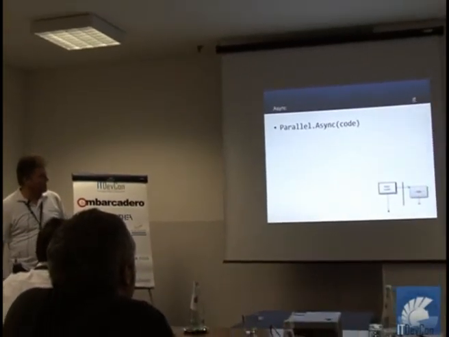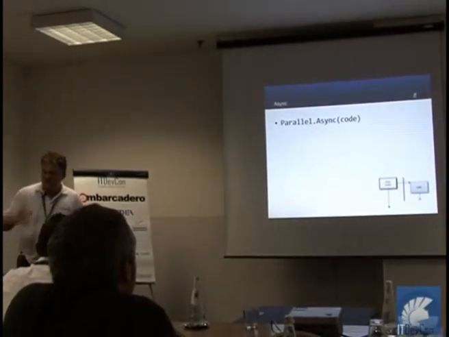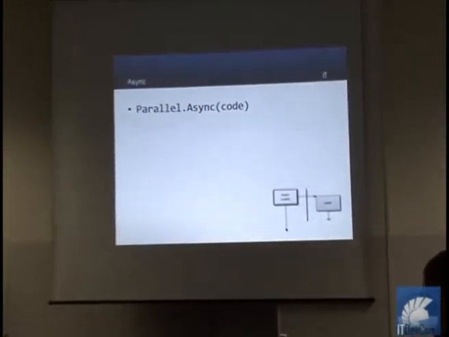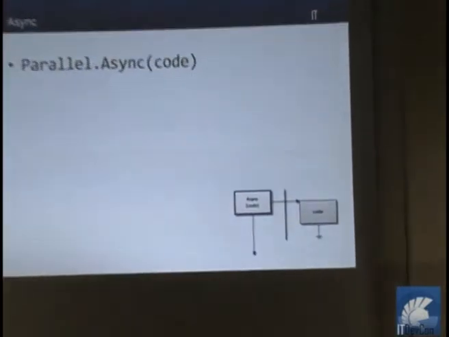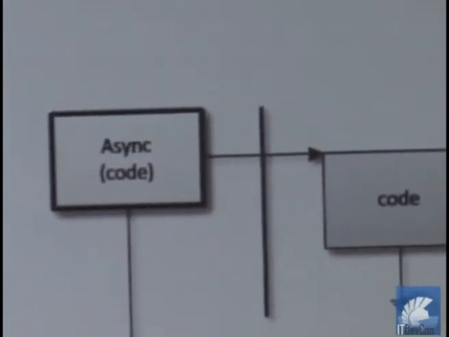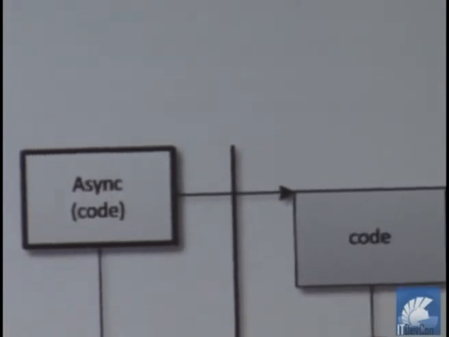So async takes a code. This code is, well, an anonymous method. Async is declared to accept an anonymous method. If you want to know more about anonymous methods, you are invited to my last session tomorrow, which will go in depth with this.